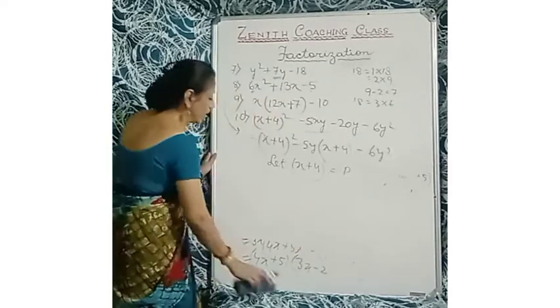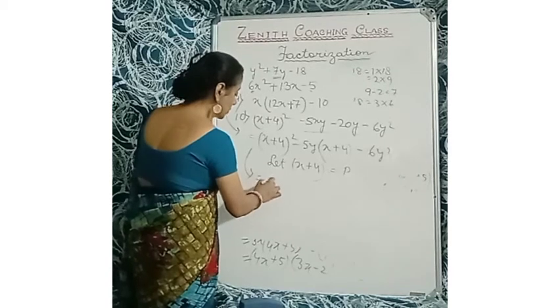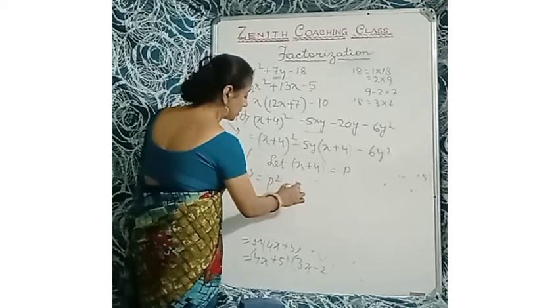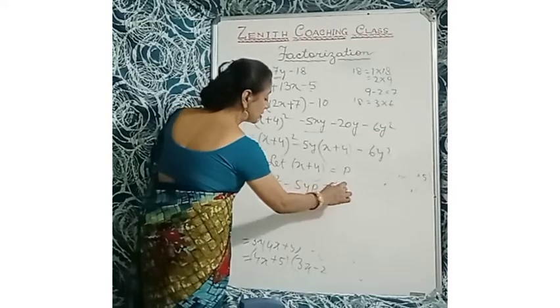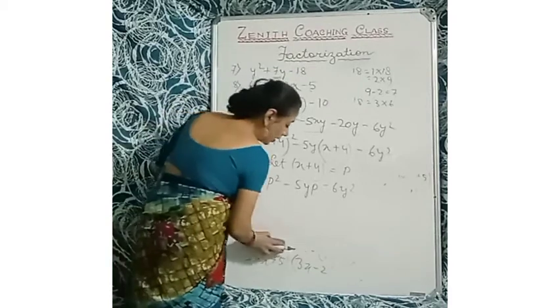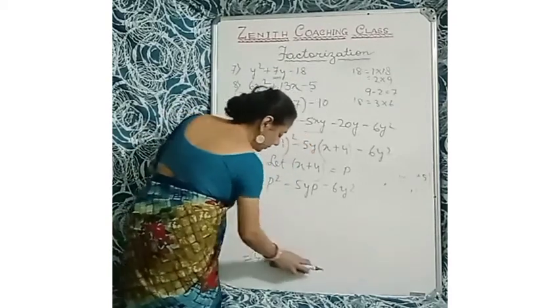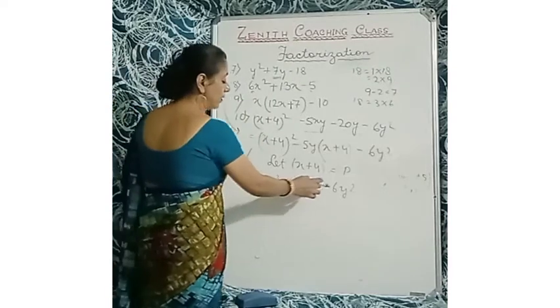So what will I write here? That is p square minus 5yp minus 6y square. The middle term factor is 5yp, or py, you can write alphabetically. So here is 5 and here is 6.